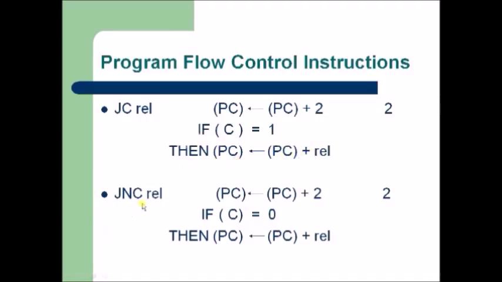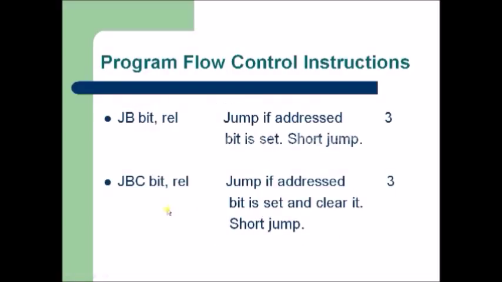Now JNC, jump if no carry, to the relative address. If there is no carry, that means C is 0, then the control will be transferred to the relative address location. Now JB bit comma relative address: jump if the addressed bit is set.